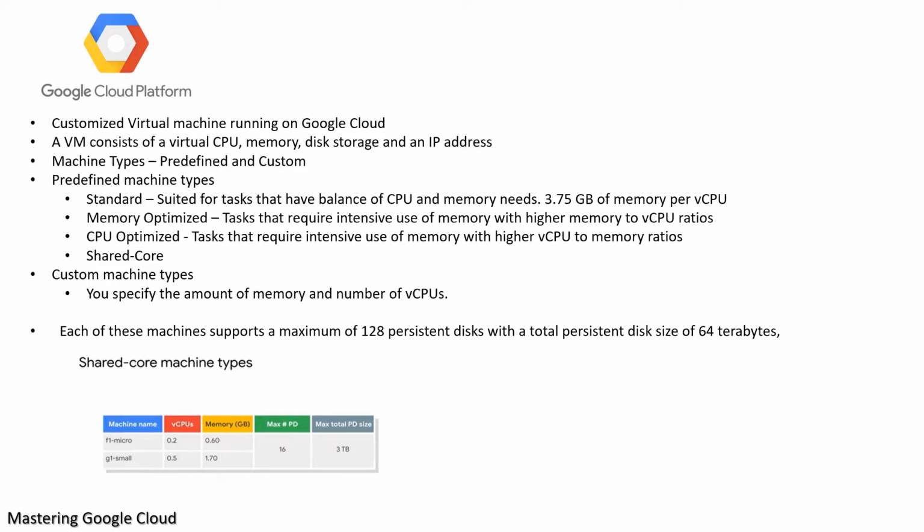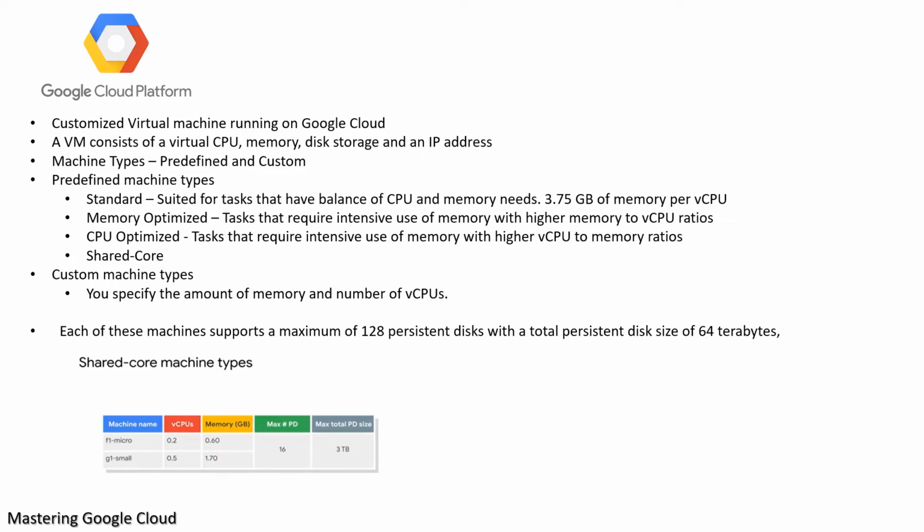Each of these machine types supports a maximum of 128 persistent disks with a total persistent disk size of 64 terabytes. Now this is a quota. We don't have to remember the quotas for every single product in Google Cloud, but there are certain quotas which you should remember.